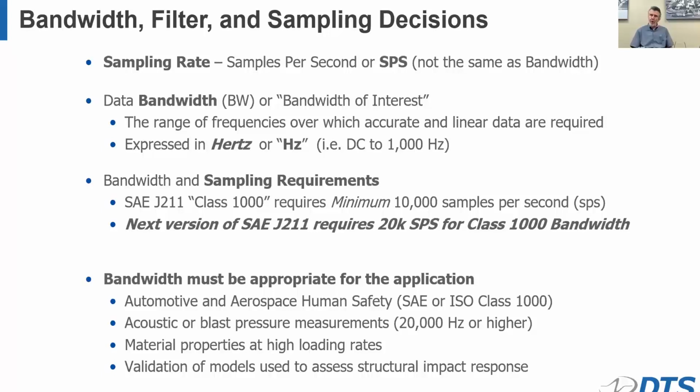We're doing some work in soldier protection where that bandwidth of interest is 0 to 20,000 hertz. What about material properties? I'm testing metal under high rate loading, or validation of finite element models sometimes require high sampling rates.